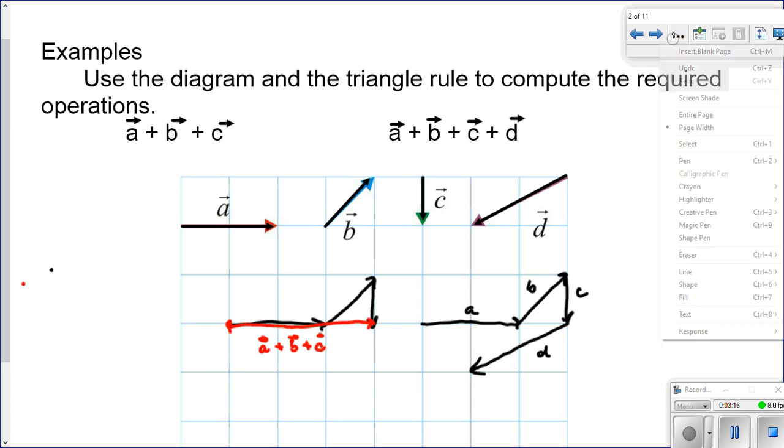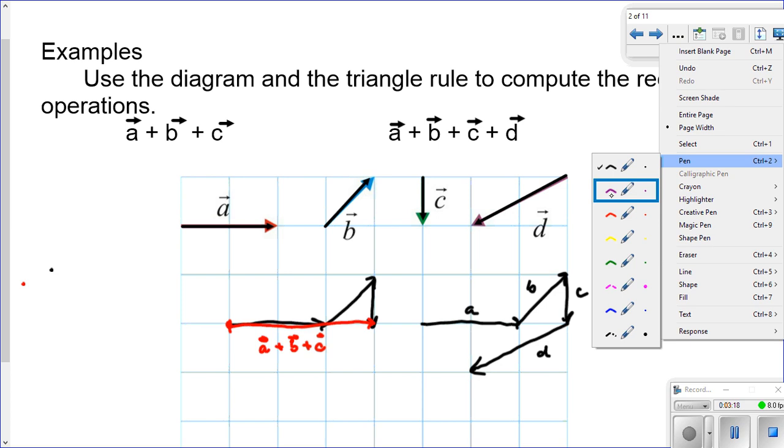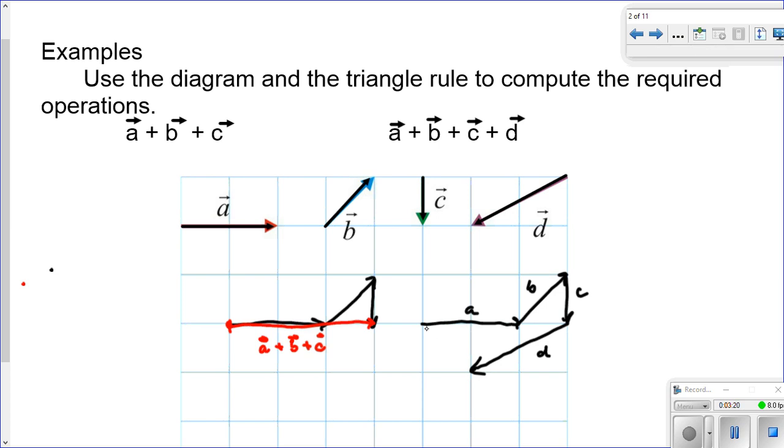And my resulting vector, just for a change of place, I'll do it in purple. My resulting vector is here, and that would be the vector A plus B plus C plus D.